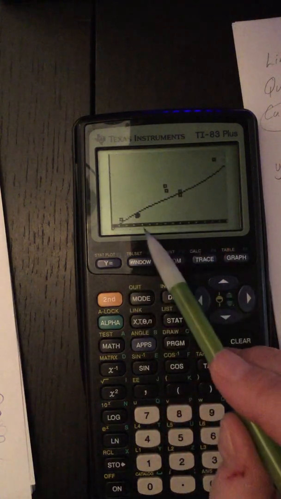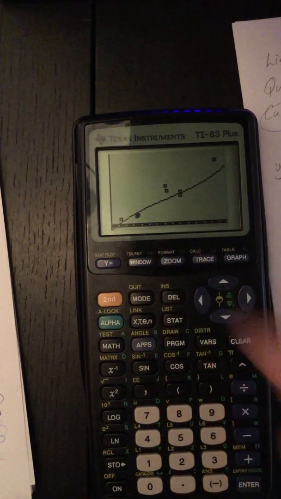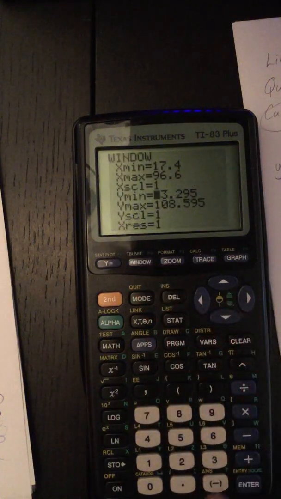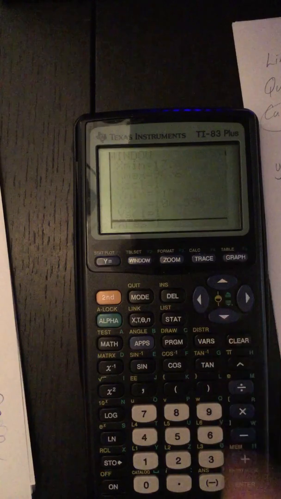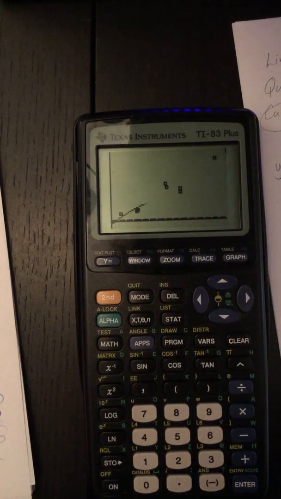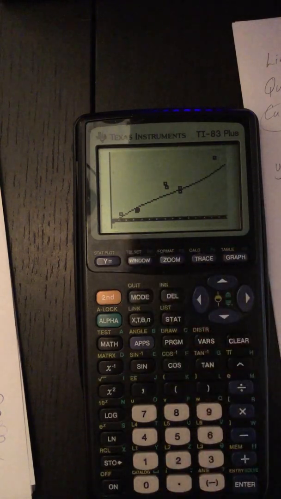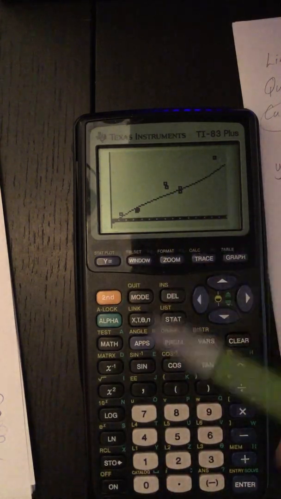So it's pretty low. So let's actually change our window so we can see it. Let's change this to -10. And then we'll graph, and we can probably see our line a lot better. So we're drawing our curve, and then it's there, but that's okay. Our function will still work.